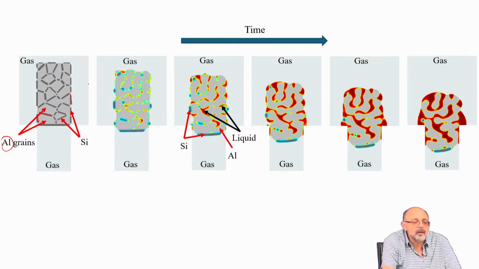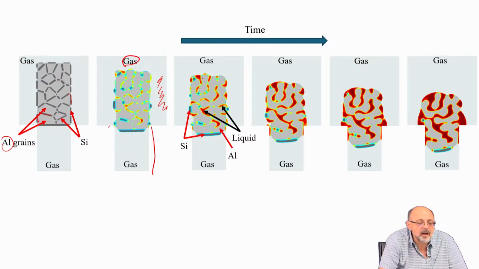So this says gas. Gas is up here. This is all gas, and these are aluminium alloy walls. Tube.